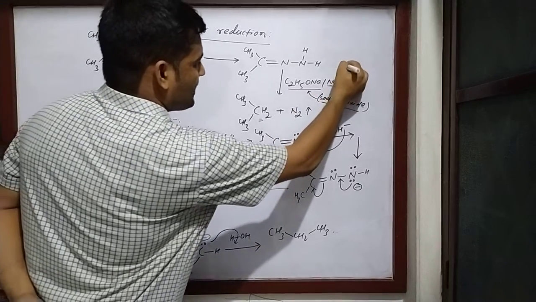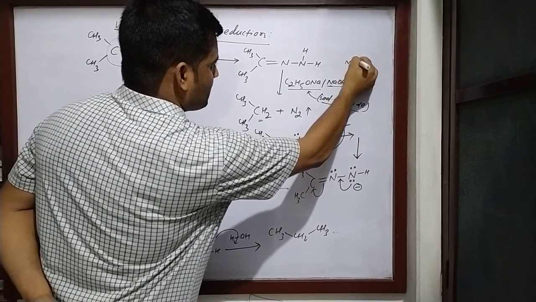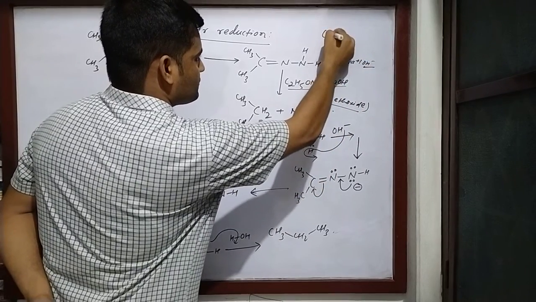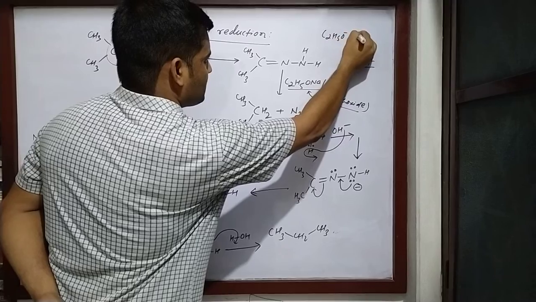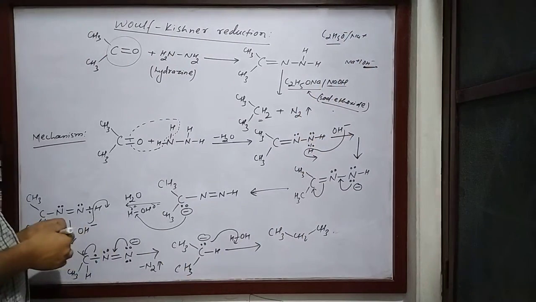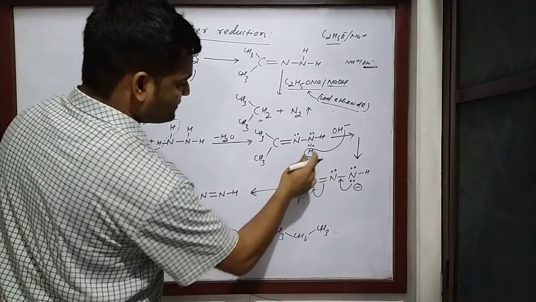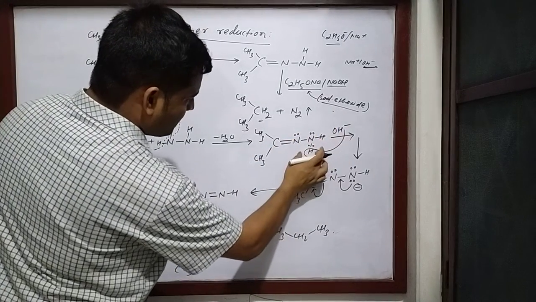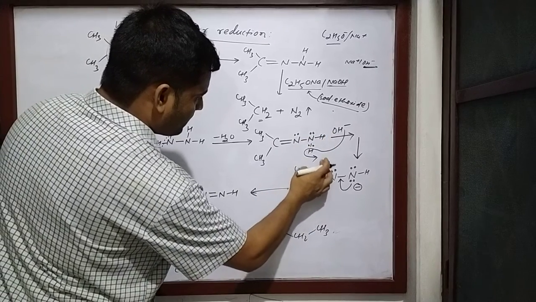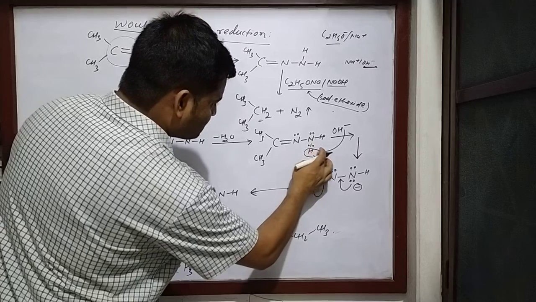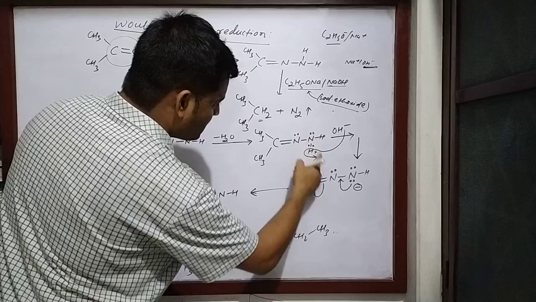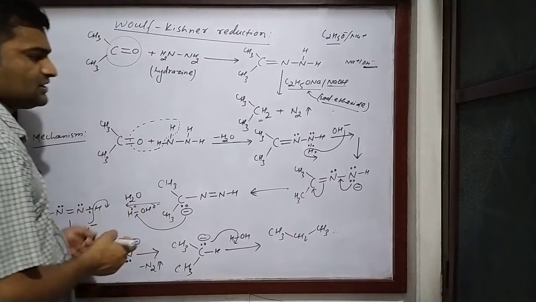Suppose sodium hydroxide ionizes to give Na+ and OH-, or sodium ethoxide ionizes to give C2H5O- and Na+. The ethoxide ion or hydroxide ion acts as a strong base, and the hydroxide ion withdraws H+ from the NH2 group. When H+ is removed, the lone pair shifts onto nitrogen and a negative charge develops.